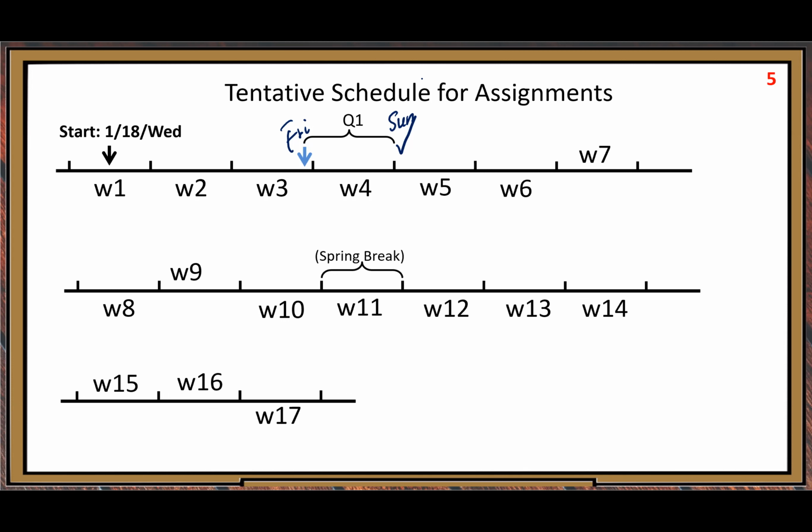After that, the second assignment, quiz number 2, is at the end of week number 5. So here you can see in our first 6 weeks, we only have these 2 assignments, quiz 1 and quiz 2. We will spend the time mainly improving our web programming experience.